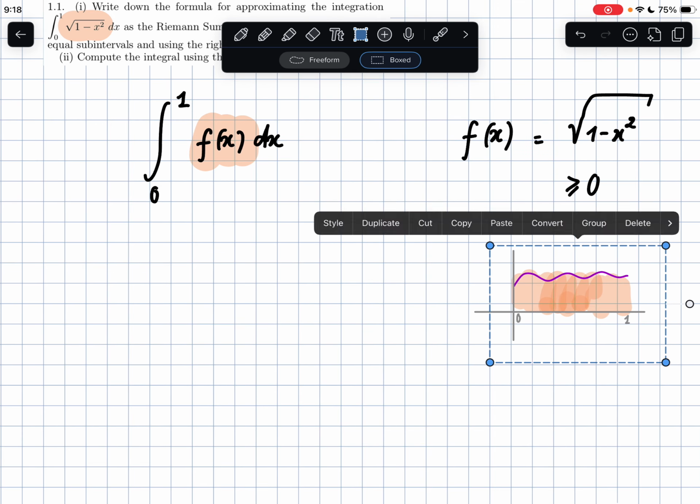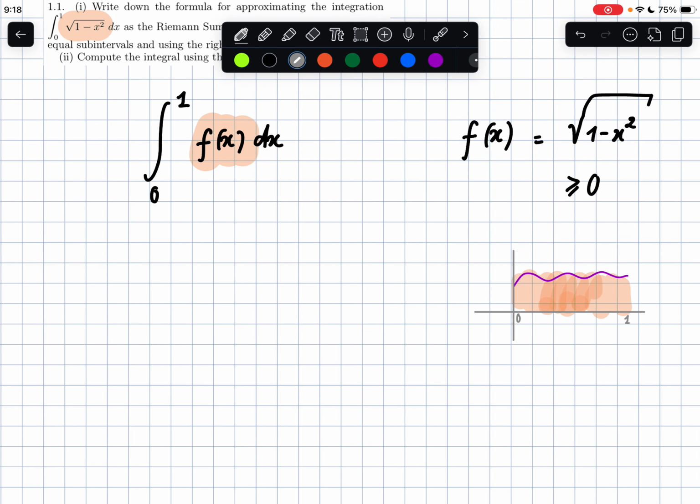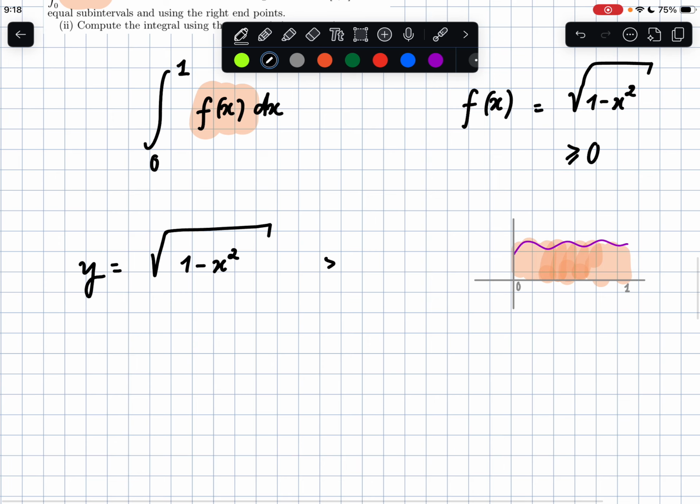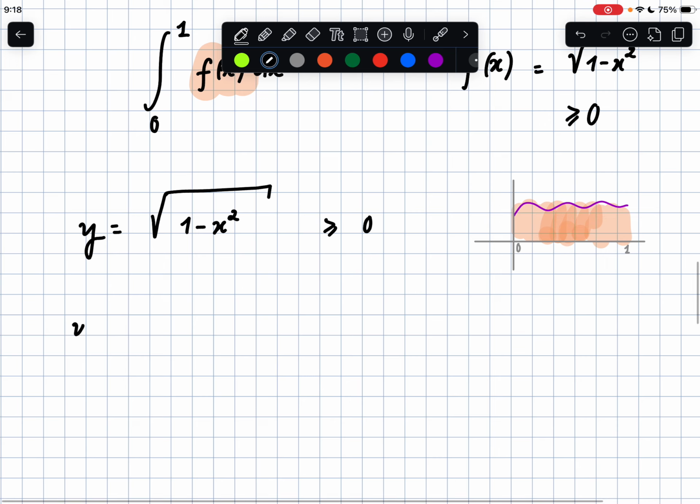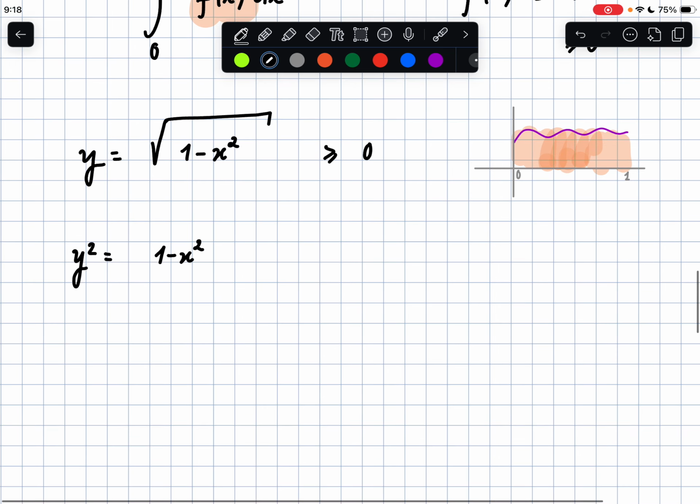In our case, we have y equal to f of x equal to square root of 1 minus x squared, and this is greater than or equal to 0, since it is a square root of something greater than or equal to 0. Now I square both sides, I have y squared equal to 1 minus x squared. This is equivalent to x squared plus y squared equal to 1.